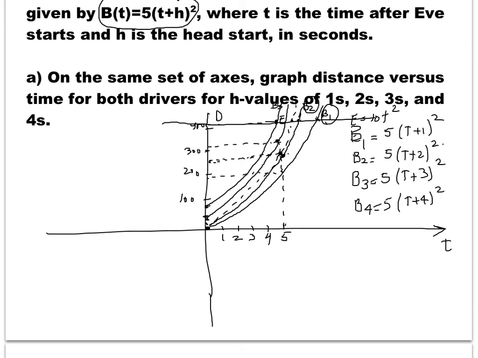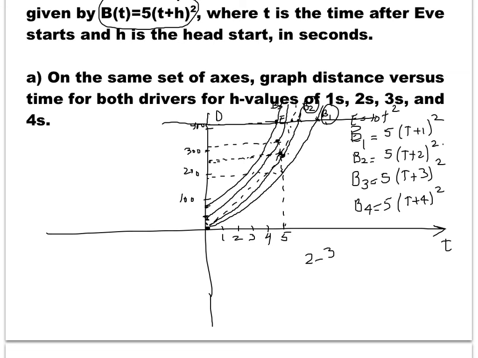Now B1 is 1 second head start, B2 is 2 seconds head start, and when you go to B3, the head start is 3 seconds. So this means that if the head start is between 2 and 3 seconds, still Eve is going to win the game.